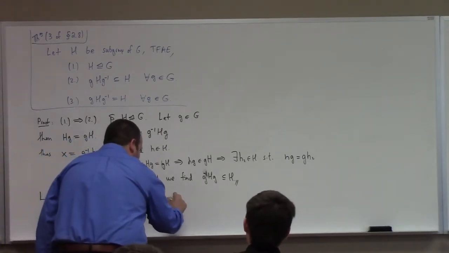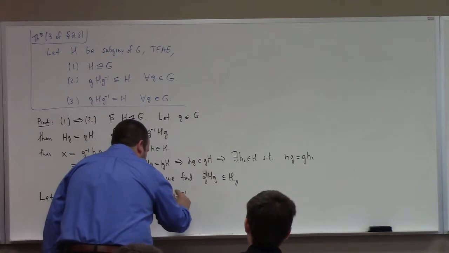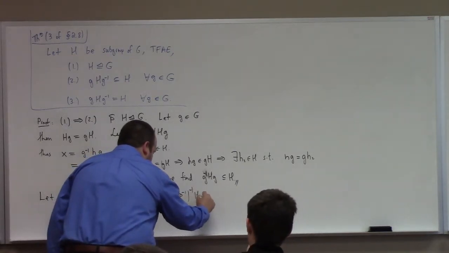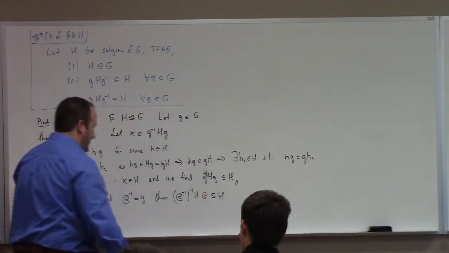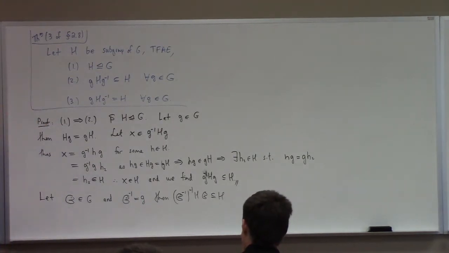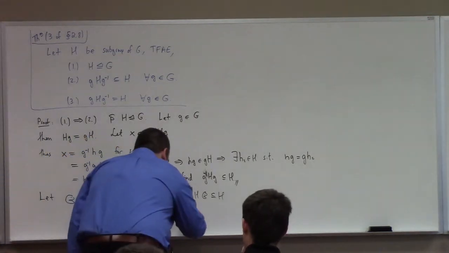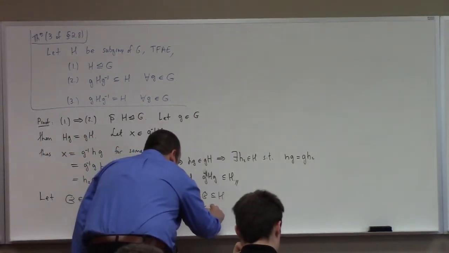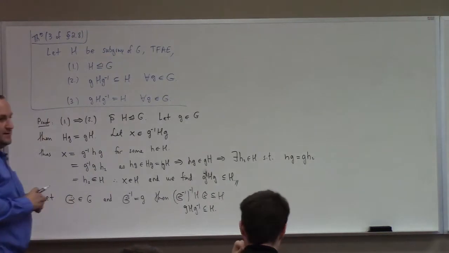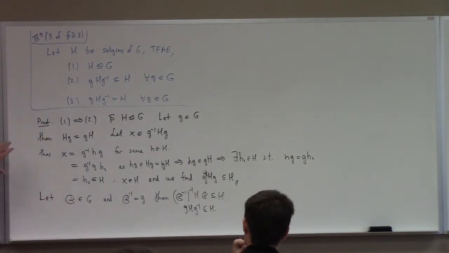Then a inverse H a is a subset of H, which is to say, g inverse is a subset of H. I can apply this part of the proof to a. The larger point is this: if this holds for an arbitrary group element, it holds for the inverse of that element as well.